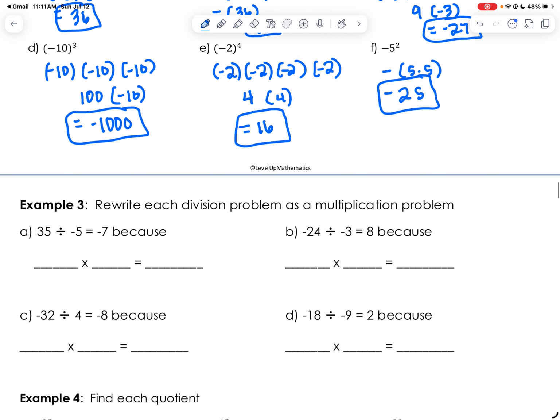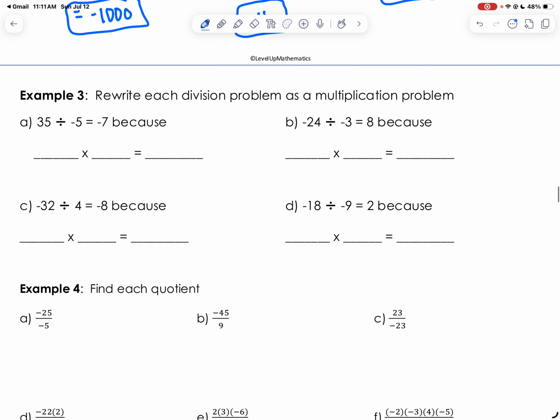All right, example 3. Rewrite each division problem as a multiplication problem. So in problem A, I have 35 divided by -5 is equal to -7 because -5 times -7 is +35. Problem B, -24 divided by -3 is 8 because -3 times 8 is equal to -24.